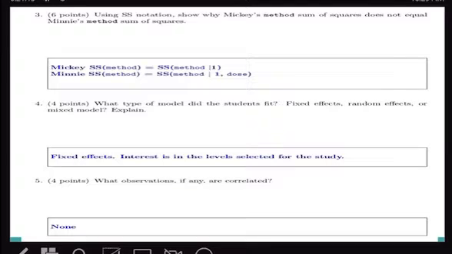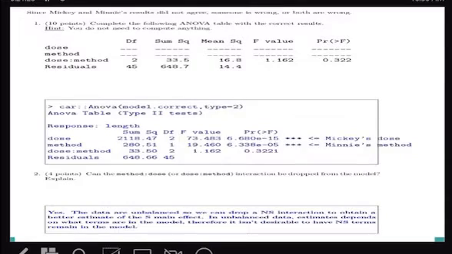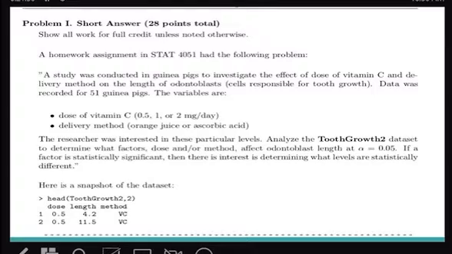Okay. Now, the next question says, what type of model did the student fit? Is it fixed effect, random effect, or mixed effect? Explain. If you go back, they did not tell us whether the levels were selected at random. They didn't tell us that. And they did not tell us they are interested in determining variability.